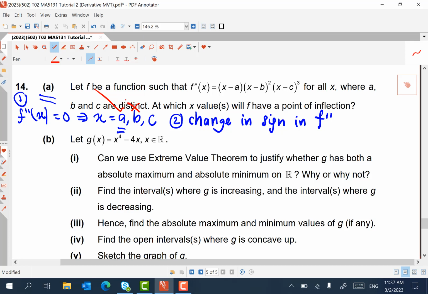No. And for C? Therefore, the answer is at A and C. Okay, Kaita, I hope that is the way to do it. You don't remember how they did it? The change in sign. Let's look for a change in sign.